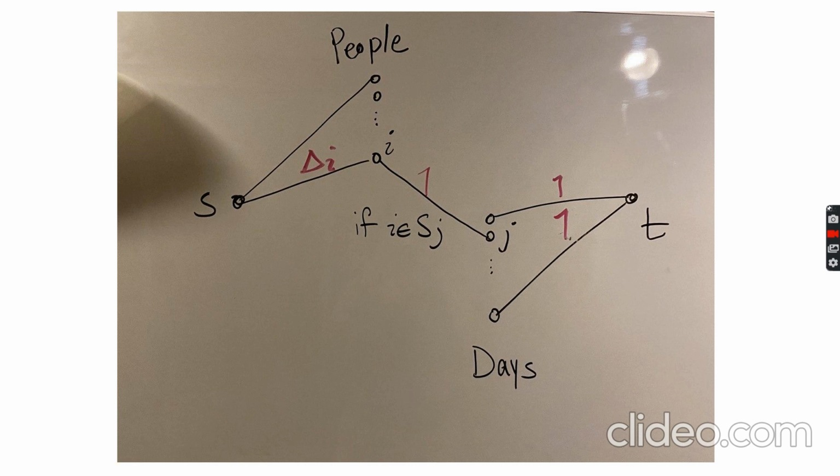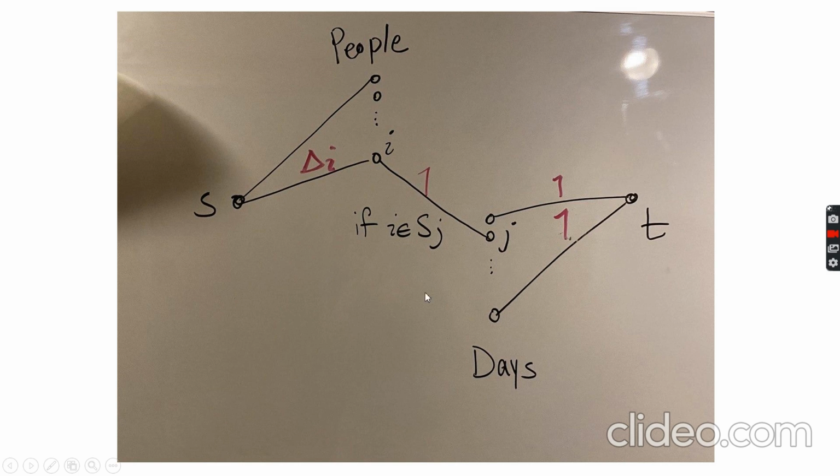So first, let's assume that there exists a fair scheduling that schedules k people to k days. The way we make the flow is that we will have a flow of 1 along each path S, i, j, T whenever person i is driving on day j.